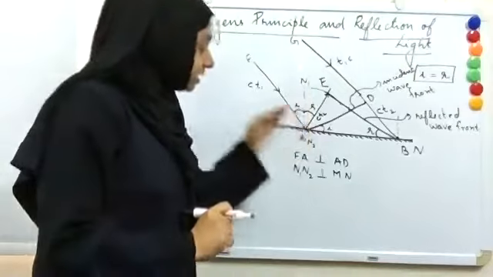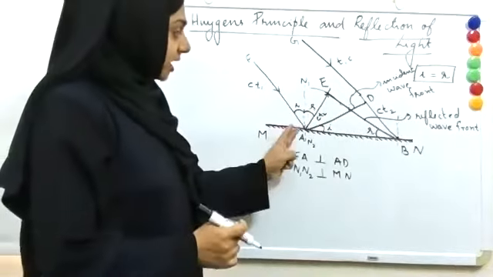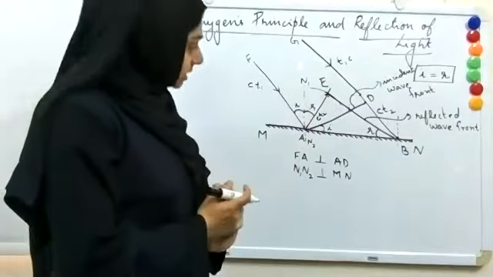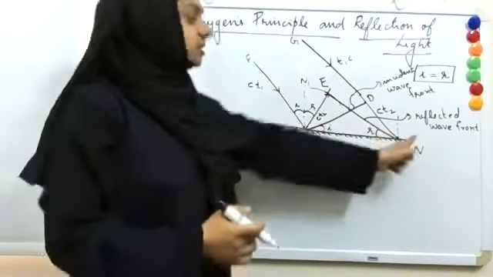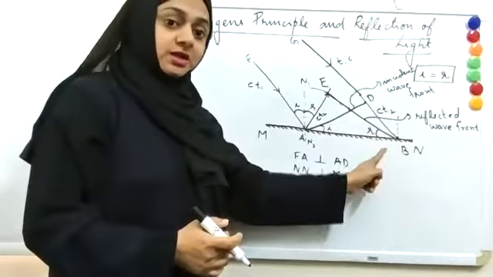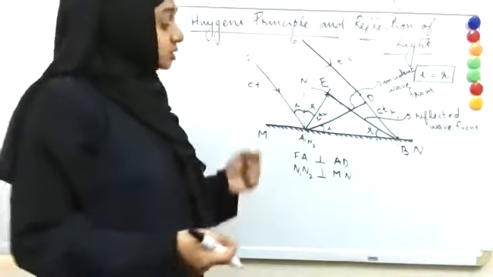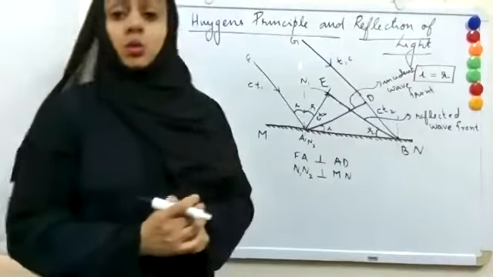Similarly, the normal and the surface are perpendicular to each other. So the angle between the reflected ray and the normal will be the same as the angle between the reflected wavefront and the surface. So this angle will be equal to R. Now, our aim is to show from this figure that I is equal to R.